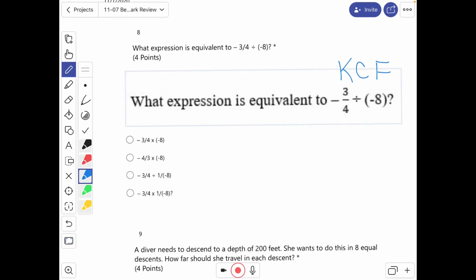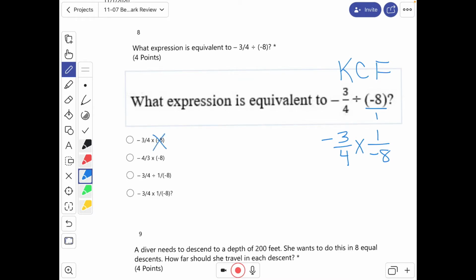Okay, so first, I'd have to make the negative 8 into a fraction. And I do that by putting a 1 under it. And then if I follow that rule, keep, change, flip, I would keep the negative 3 over 4, change the division sign to multiplication, and flip the last fraction so that the 1 is on top and the negative 8 is on bottom. Okay?